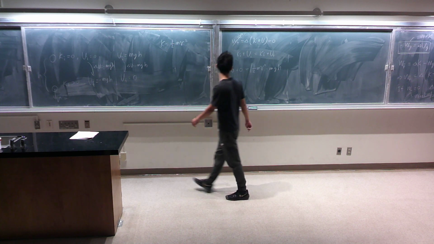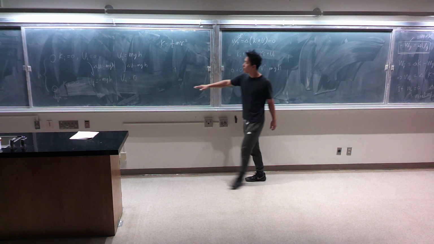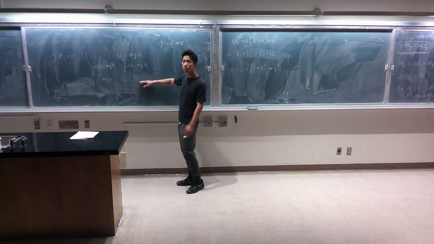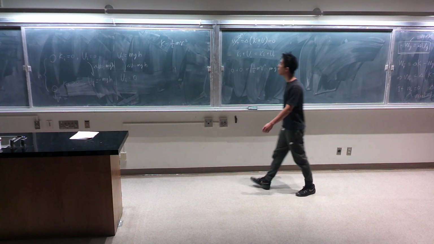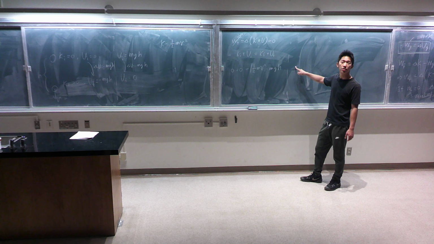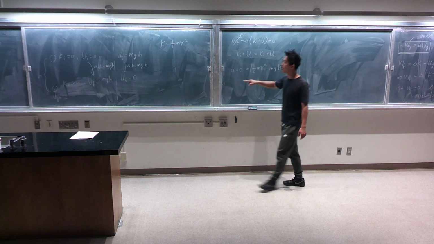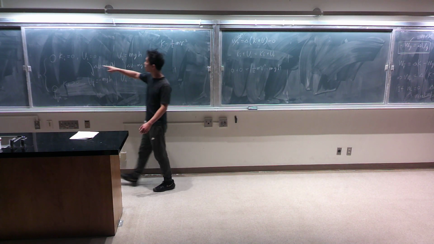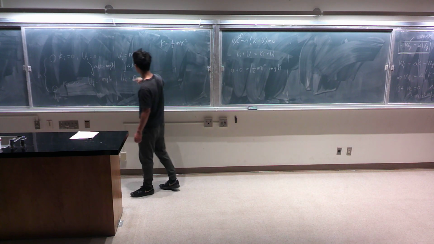Alright, now if I set the potential energy down here to be 0, what will be the initial kinetic energy of the ball? What is the initial kinetic energy of the ball if I set the potential energy down here to be 0?